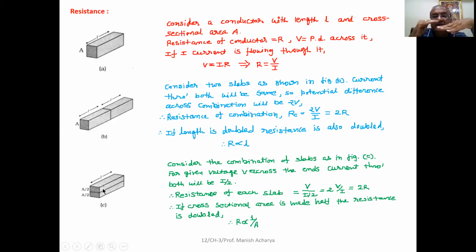When cross-sectional area becomes half, resistance becomes double. So there is an inverse proportionality of the resistance with cross-sectional area. We can write that the resistance of the conductor is inversely proportional to the cross-sectional area of the conductor. Clear to all of you?